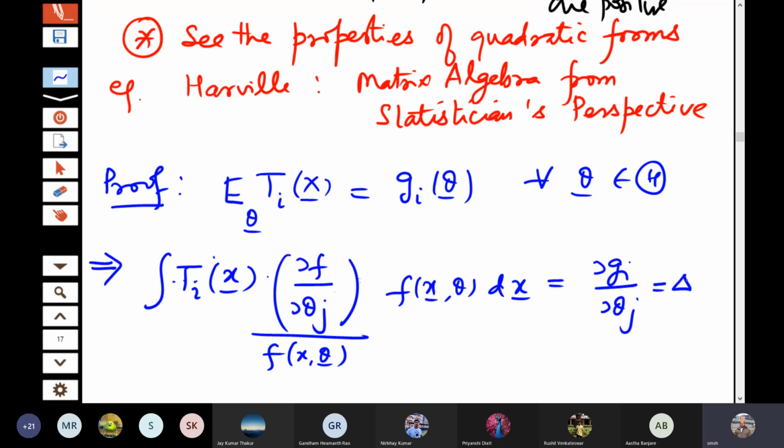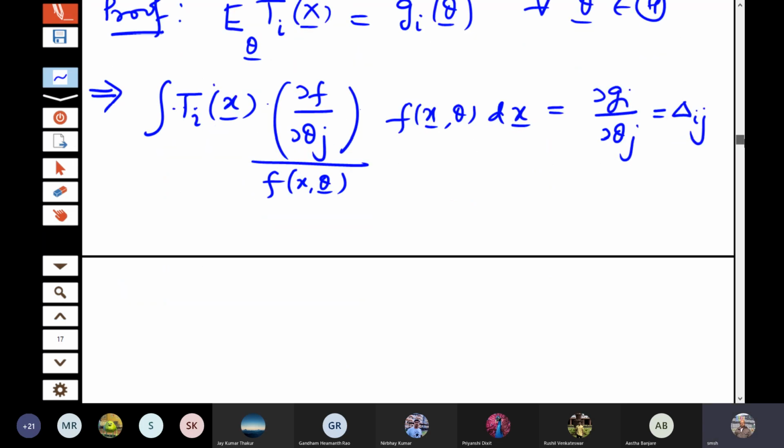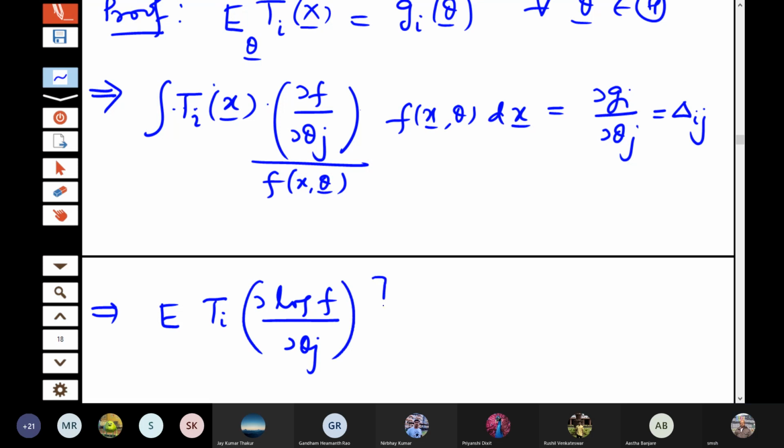This is nothing but delta_ij. So this is nothing but the expectation of Ti times this derivative, del log f by del theta_j, which is equal to delta_ij.